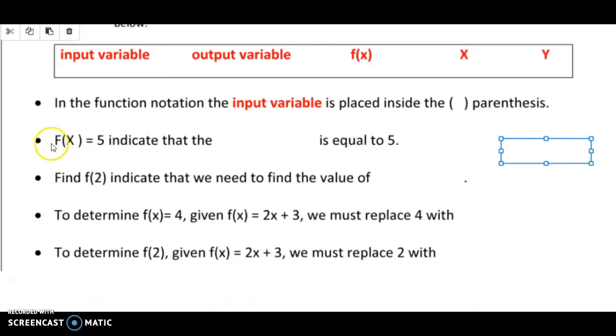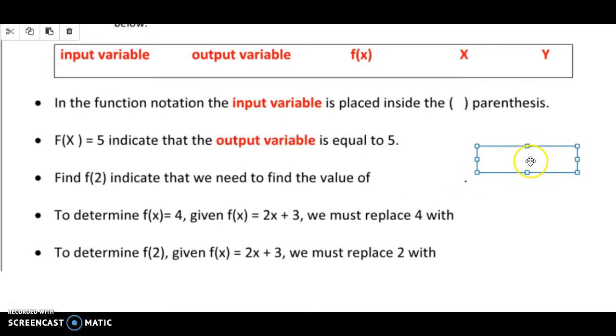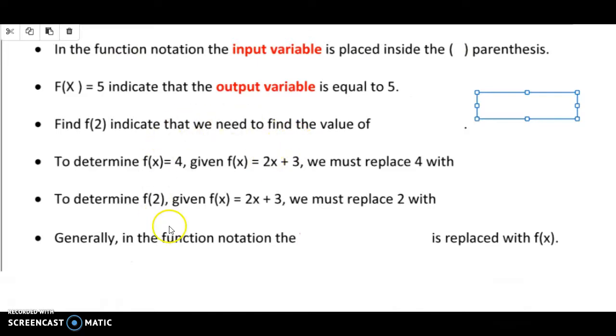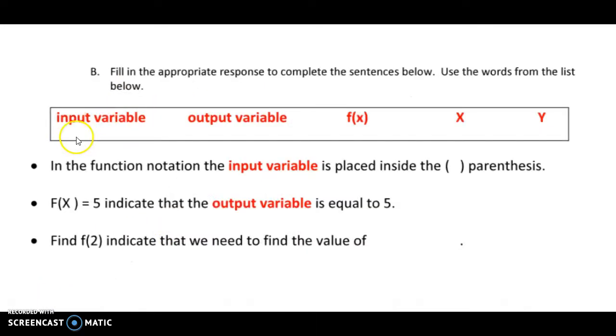You have f of x is equal to y. So which means either the y or the output variable is the answer. So f of x equal to 5 indicates that the output variable is equal to 5. So y is equal to 5. Okay. You can try the rest on your own. Remember, there is more than one answer, and you'll be using these words from the list.